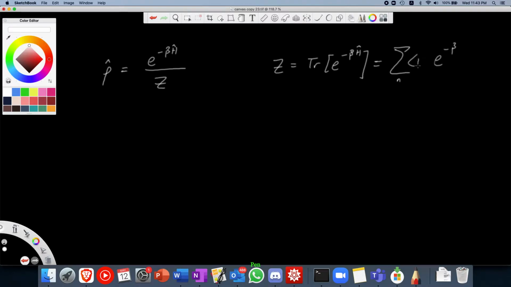Okay, rather let's write it as bra E_n, e to the minus beta H, ket E_n, and this would of course give us, because the eigenstates are eigenvectors of the Hamiltonian operator, this will simply, and you can replace the Hamiltonian operator with the eigenvalue, so that gives us the sum over E_n of e to the power minus beta E_n.